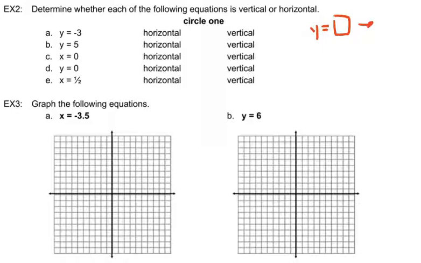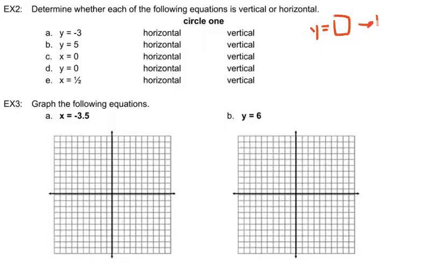For example, y equals 2. So I can have the points (0, 2), (5, 2), (7, 2), (22, 2), (252, 2). But y is always going to equal 2. This means I'm going to go up 2 for every single point. Doesn't matter what number I pick, it's always going to go up 2 on my graph.